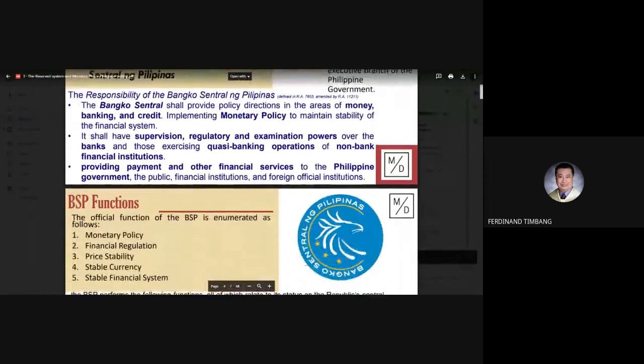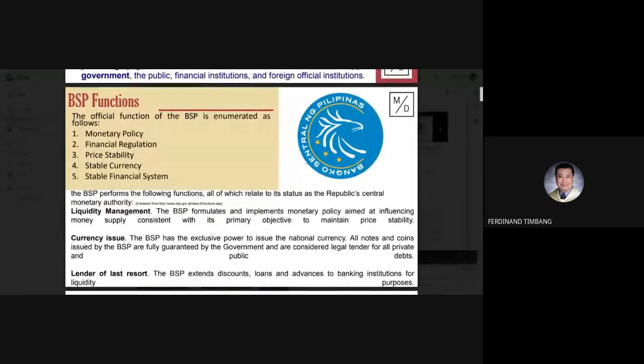Okay, so next. The official functions of the BSP are enumerated as follows. Monetary policy. Our monetary policy may be a contractionary policy or an expansionary policy. There is also financial regulation, which is governed by what we call the Central Bank Act. Price stability, stable currency, and stable financial system.